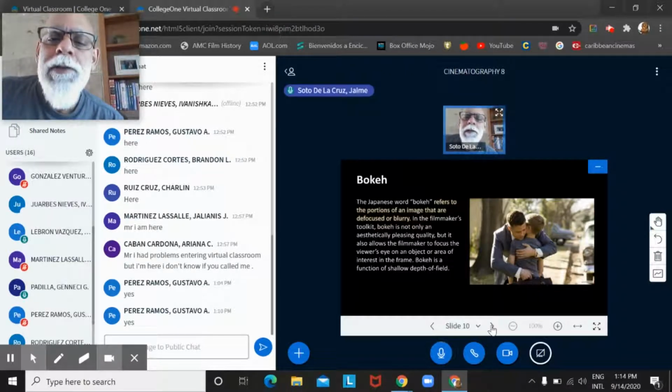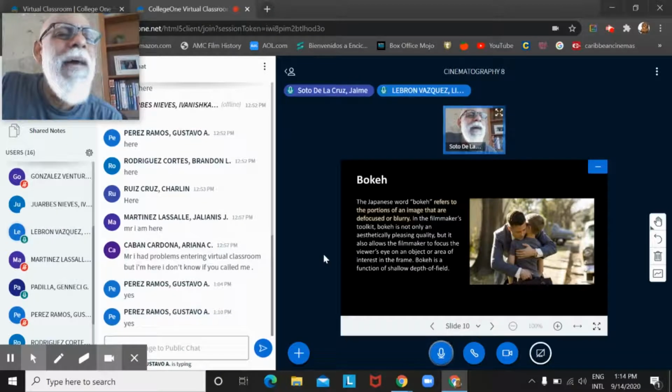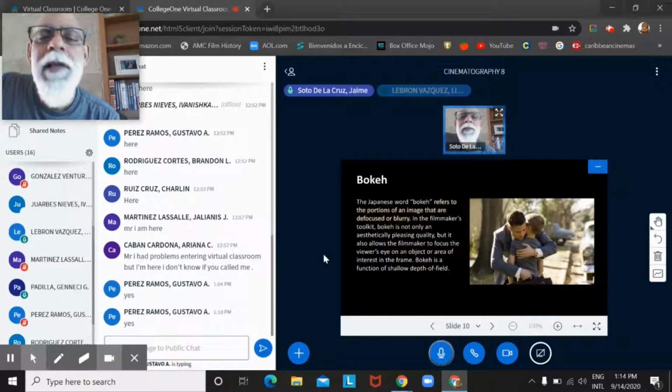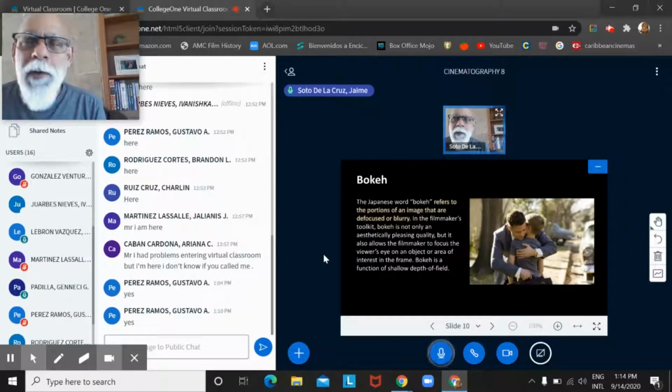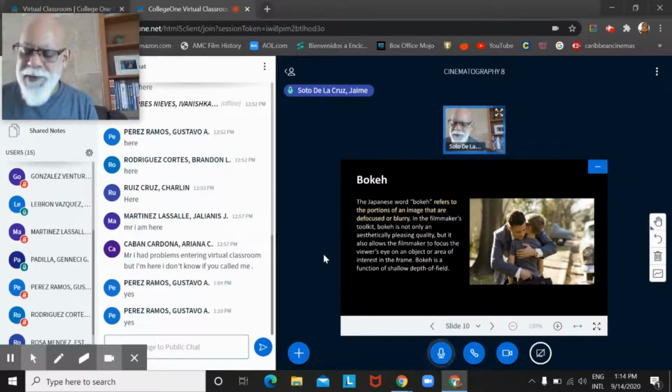All right. So bokeh is a function of depth of field, like Ms. Lebron mentioned. What's depth of field? A while ago, we were talking about several elements that you can use to improve your photography. Among those elements, we mentioned lights, patterns, symmetry, and others.